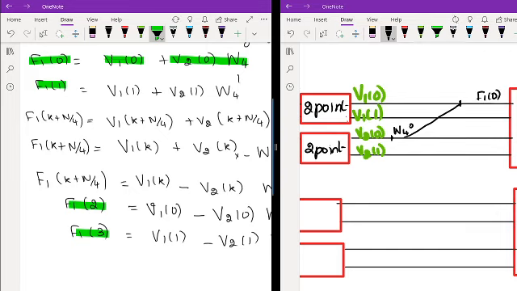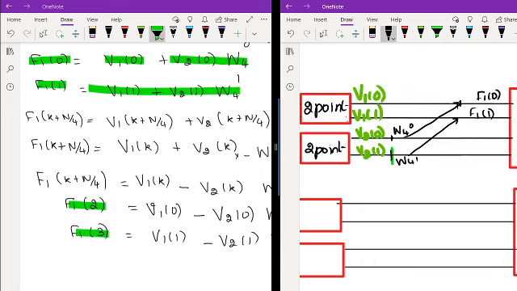Now this F1 of 1 is calculated from V1 of 1 plus V2 of 1 into W4 power 1. That is, V2 of 1 is first multiplied with W4 power 1. Then this is going to be added with V1 of 1. So this is for F1 of 1. So first two samples are over.